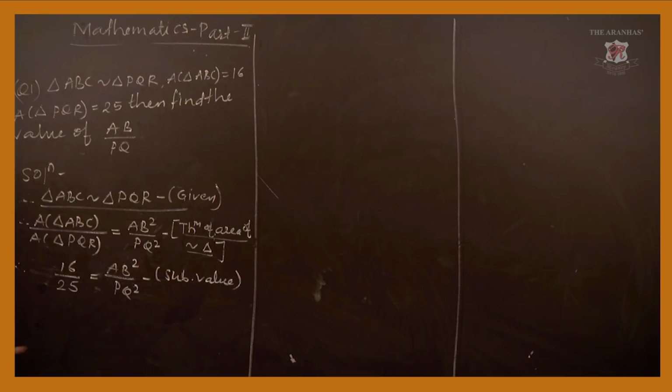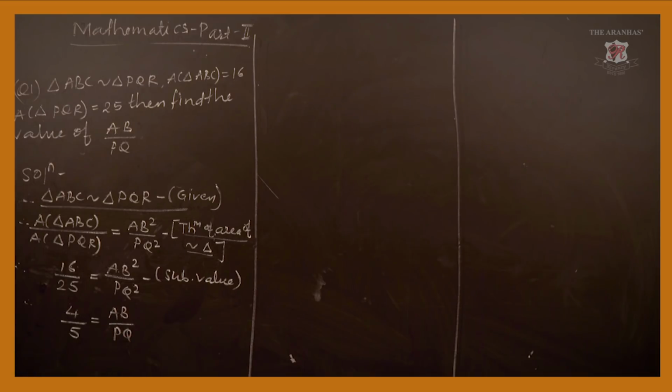We will get it simply, because this is a perfect square. If we take the square root of both sides, and 16 and 25 are also perfect square numbers, the square root of 16 is 4 and the square root of 25 is 5. So we get 4 upon 5 equals AB upon PQ.